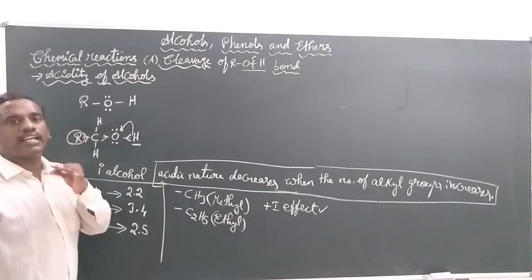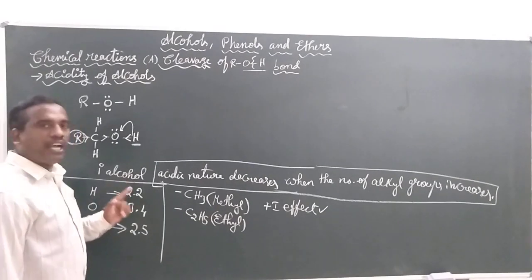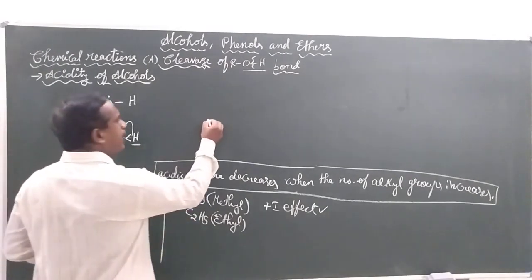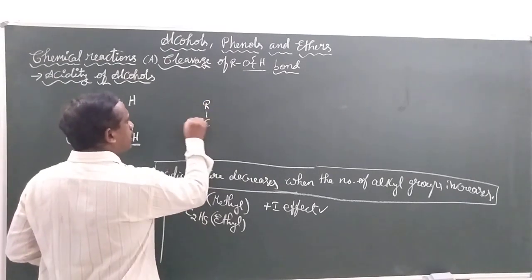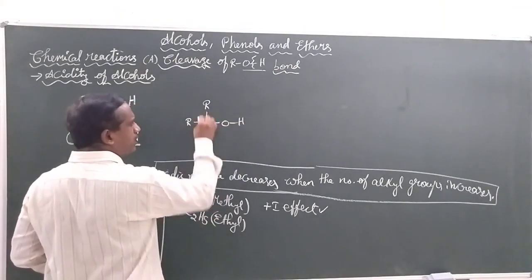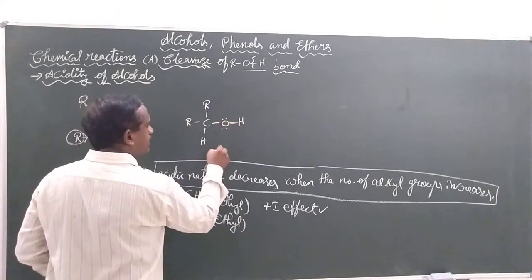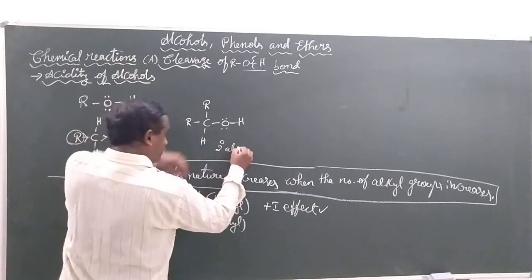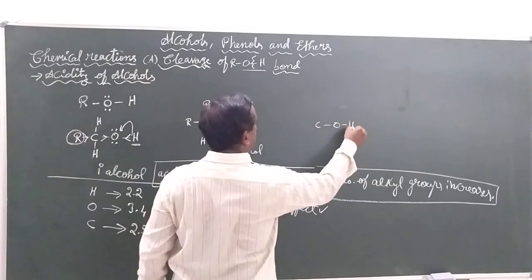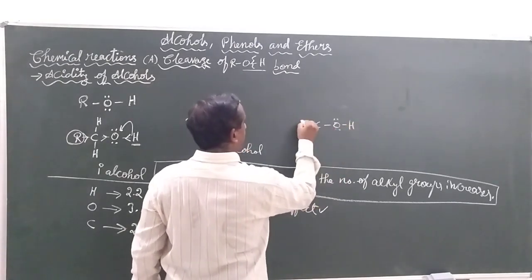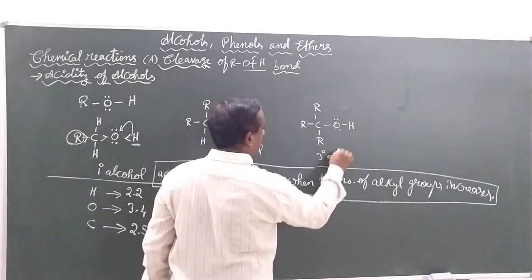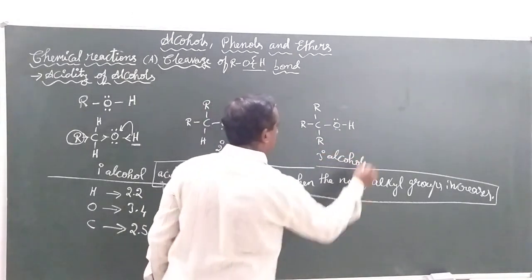We know there are three kinds of alcohols. A primary alcohol is one in which the carbon is bonded to only one alkyl group. A secondary alcohol is one in which the carbon is bonded to two other alkyl groups. And the next case is one in which the carbon is bonded to three other alkyl groups. This is called a tertiary alcohol.